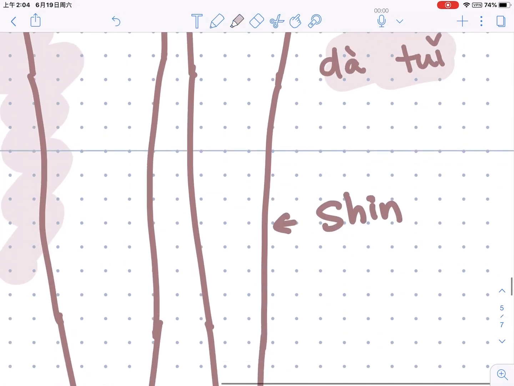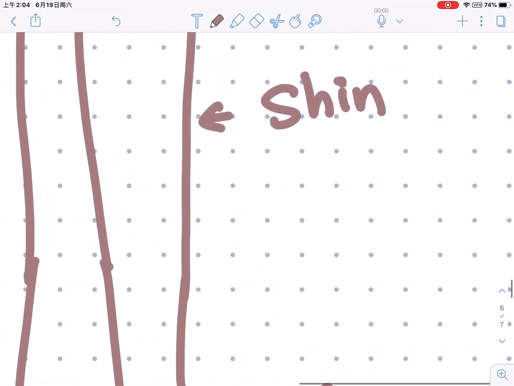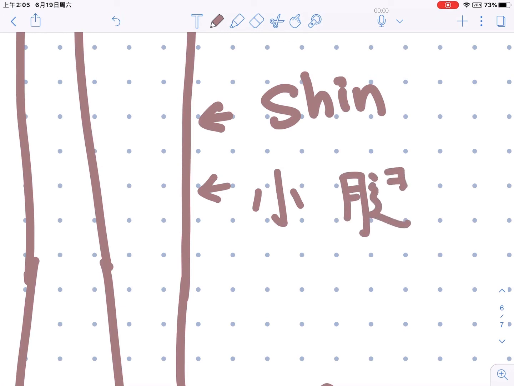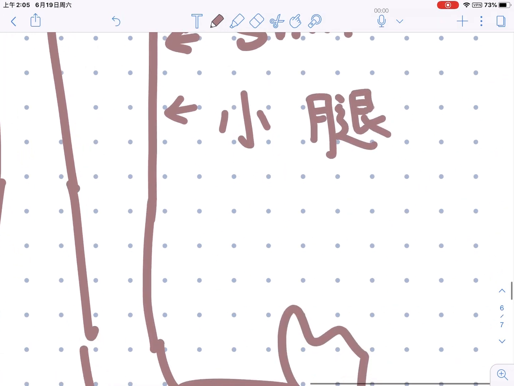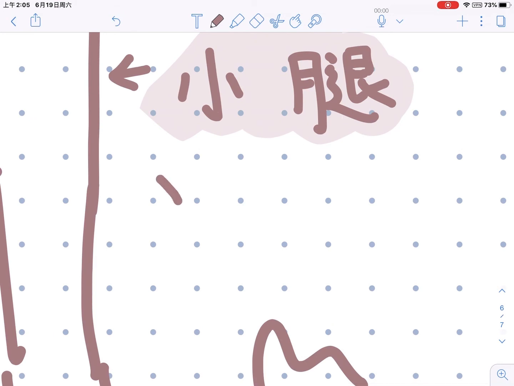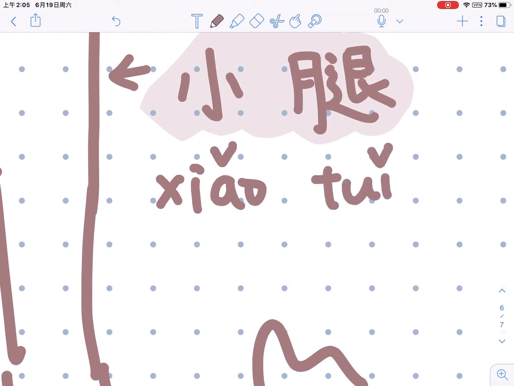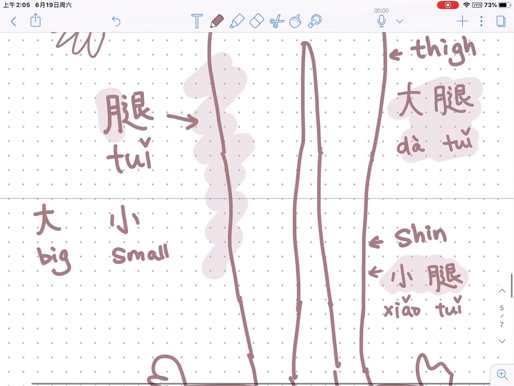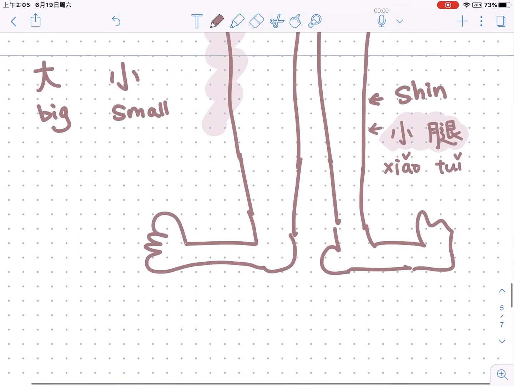And for the shin, it's just 小腿. 小腿 just means the smaller part of your leg. So it looks like this, 小腿. That's it, and we have 大腿 and 小腿, we have 腿 here.